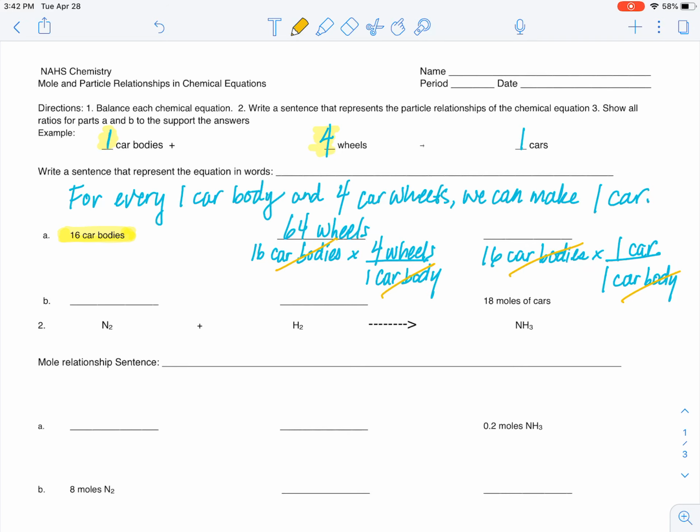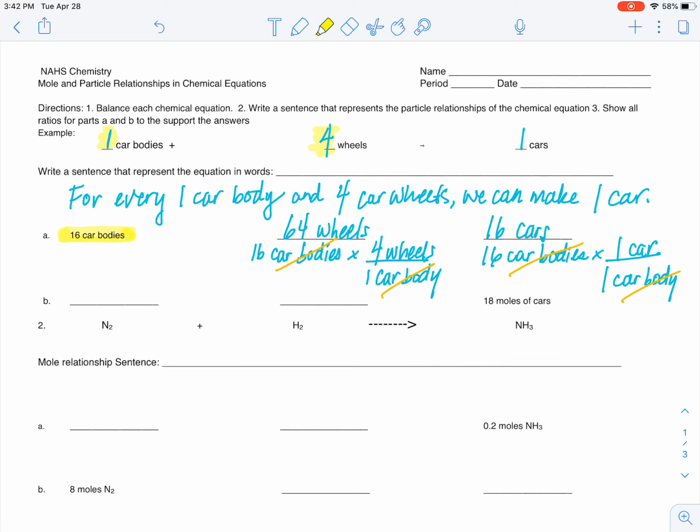And if we start with 16 of those, we have an equal number of cars produced because it's a 1-to-1 ratio. So that's pretty easy. And that would be kind of analogous to like number of particles in a chemical equation. So we're either going to relate number of particles in a chemical equation, or we're going to relate coefficients as number of moles. In either case, it's a counting number, right?